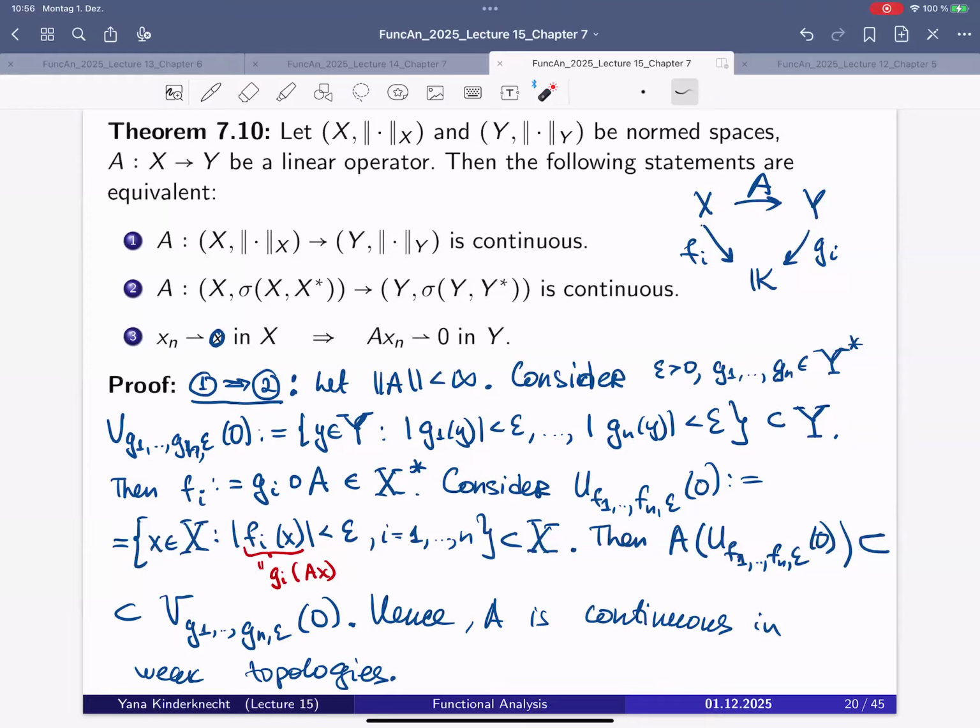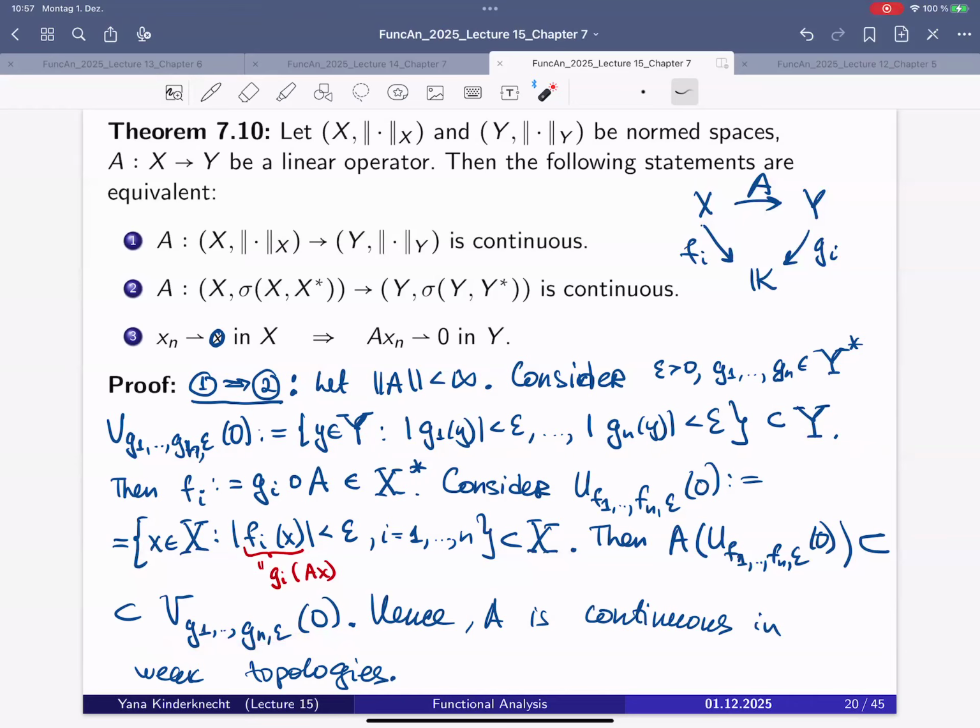So once again, we have shown it not for an arbitrary open set, but just for a basic open set, a basic neighborhood of 0, but for an arbitrary basic open neighborhood of 0 in Y. For any such neighborhood, we have checked this condition, that is, there exists an open neighborhood of 0 in X such that A of this set lives inside of this set. If we have shown it for basic neighborhoods, then everything is fine for all.